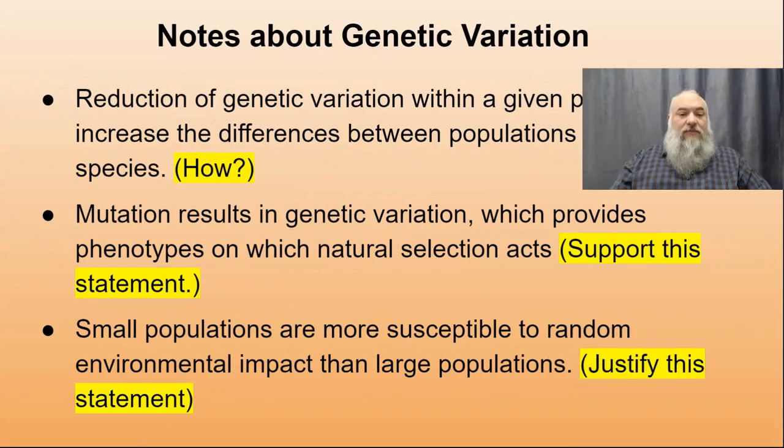Okay. Mutations result in genetic variation, which provides phenotypes on which natural selection acts. Can you support that statement? Pause the video, go back through our thoughts on how genetics works and how that relates to evolution. Can you support or back up or justify that statement that mutations result in genetic variation, which then provides phenotypes on which natural selection acts?